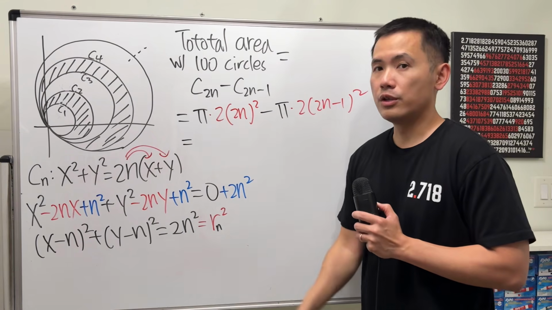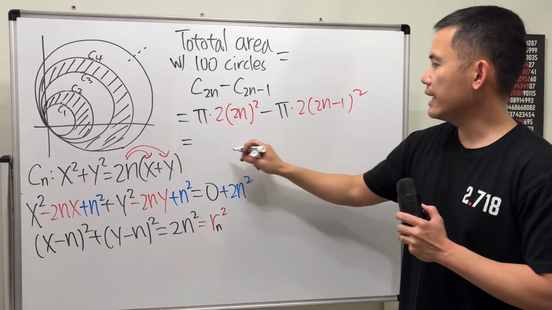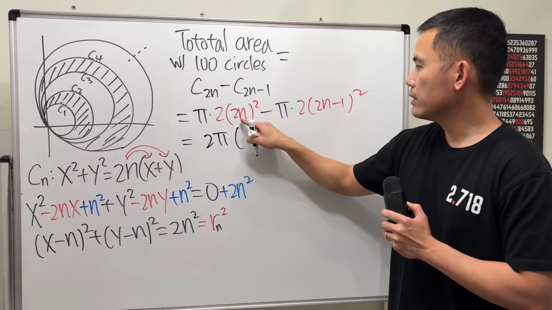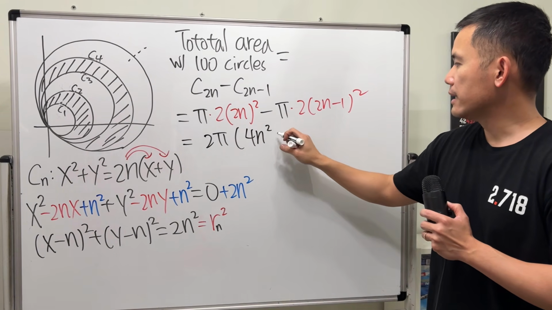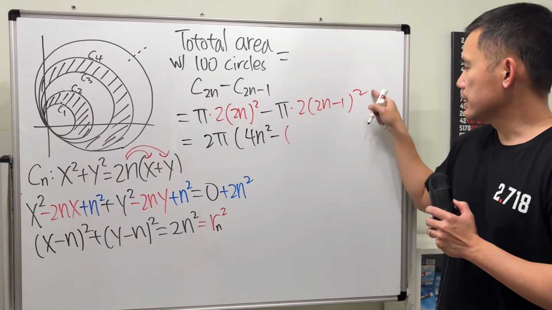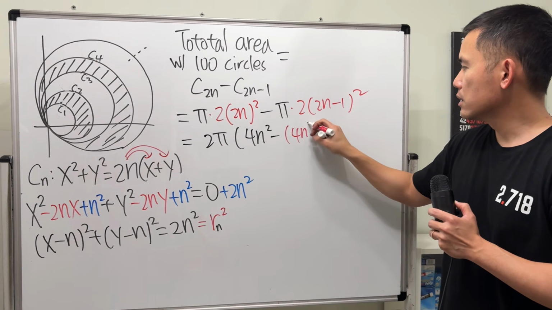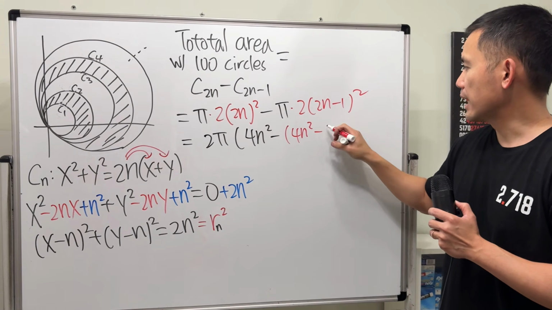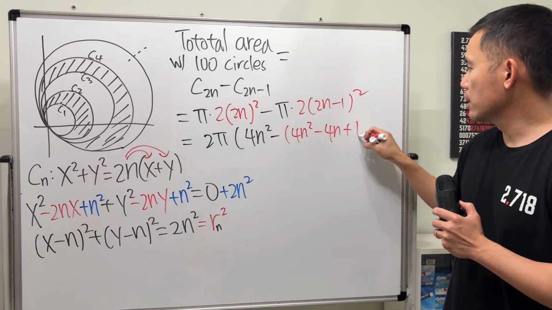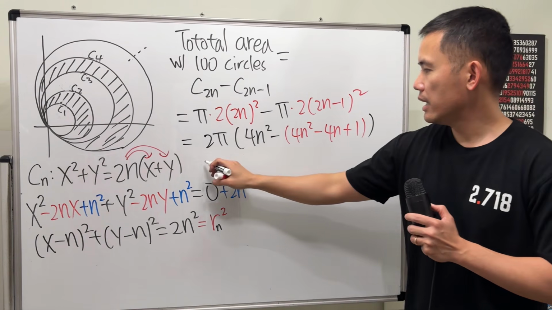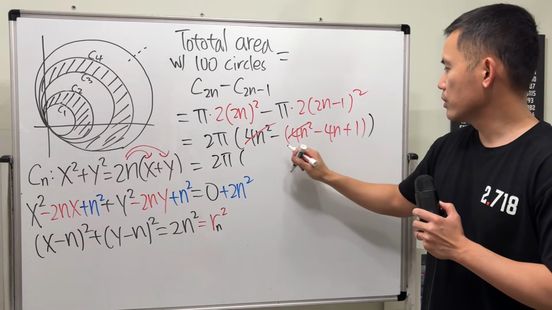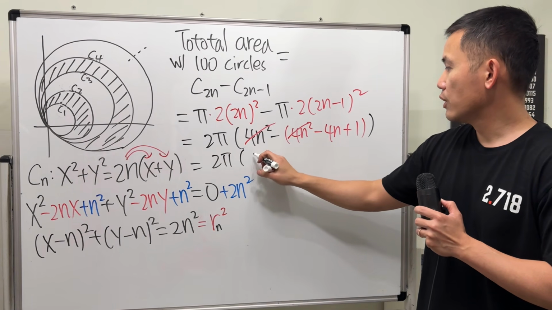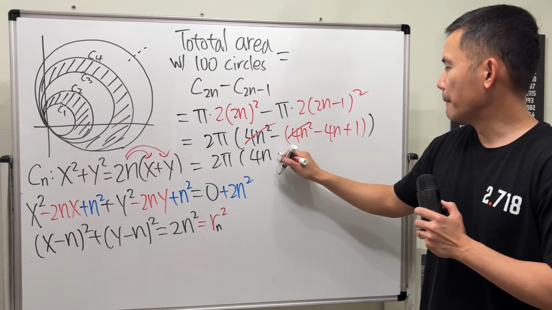Now simplify this a little bit. 2 pi, and then (2n) squared is just 4n squared, and then minus, expand this, we get 4n squared, minus 2 times this and that, and then plus 1. And we see that's just 2 pi, and this and that cancel, distribute, we get 4n minus 1.